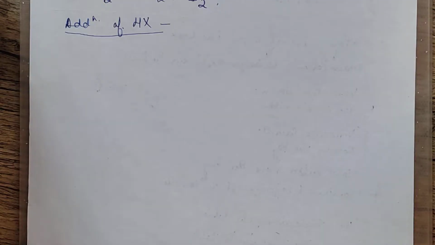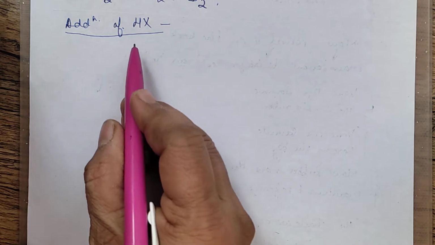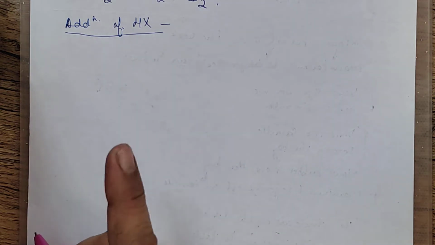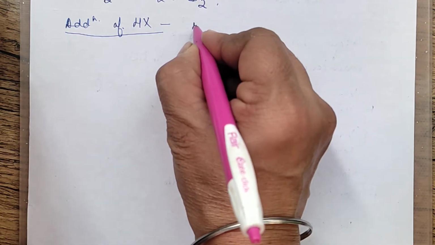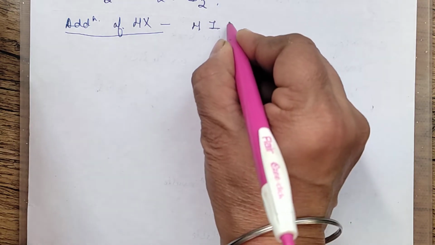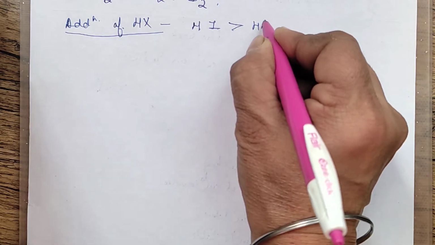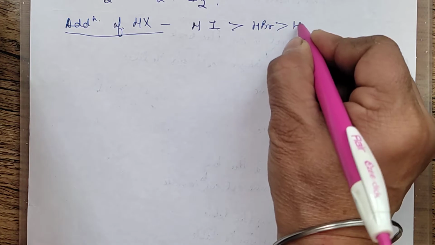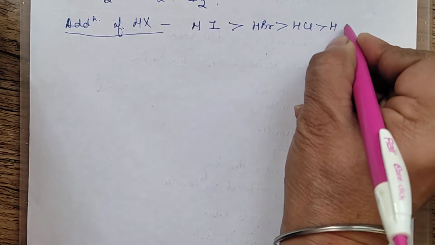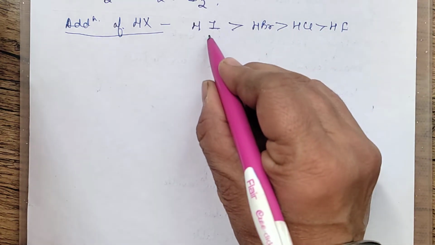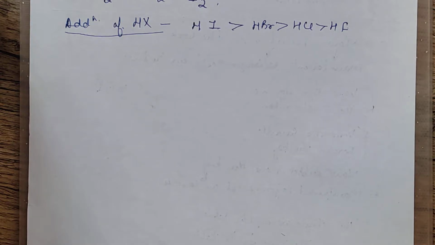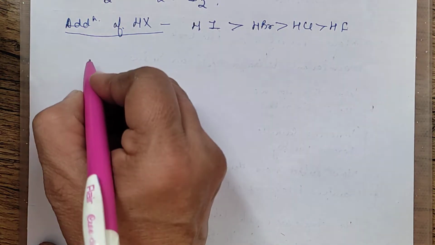Now moving on to the addition of hydrogen halide. First, remember the order of hydrogen halide addition: HI is maximum, then HBr, HCl, and the least is HF. The reason is that iodine is largest in size, so the HI bond is the weakest and breaks faster. Now how will it add on?